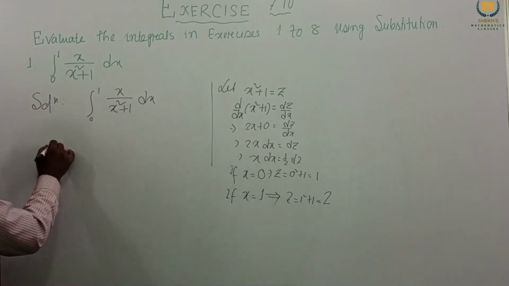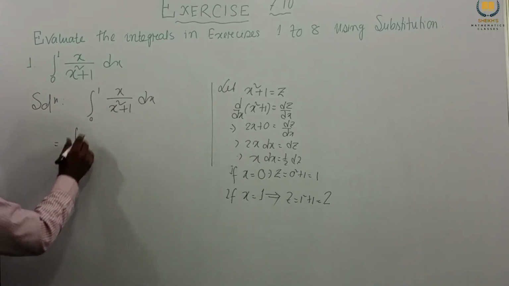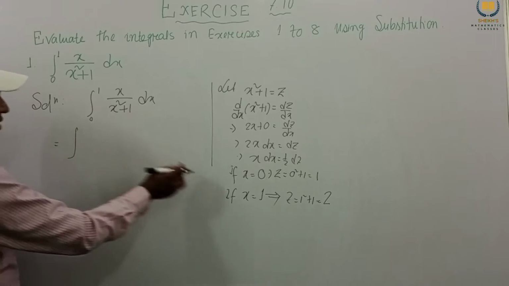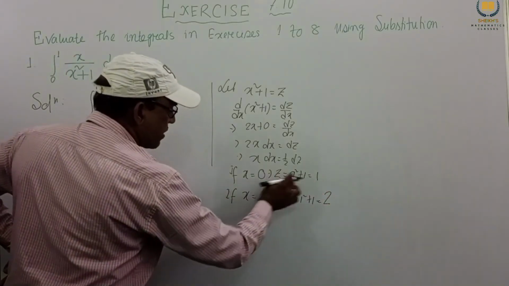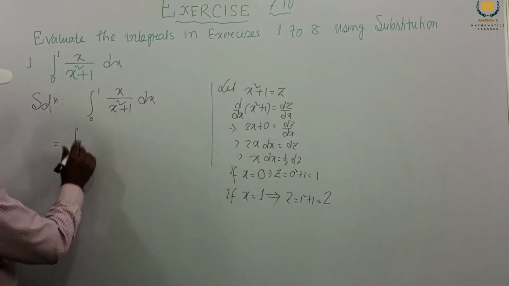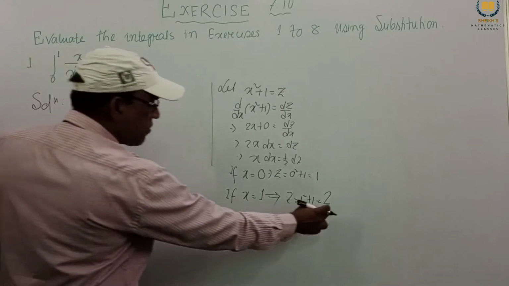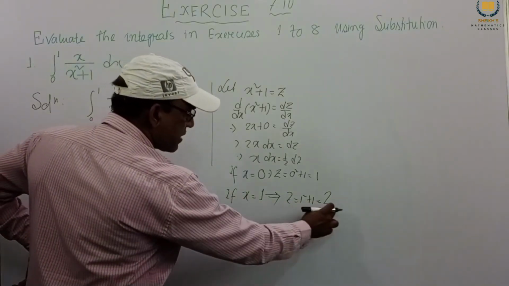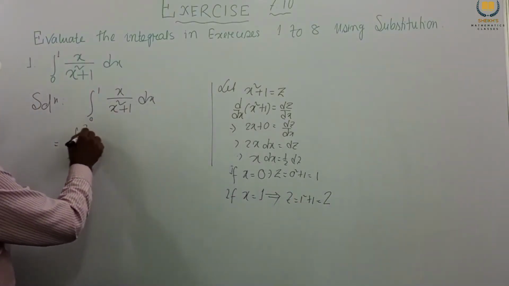Now we write this integration from 1 to 2. For x equal to 0 we get z equal to 1, and for x equal to 1 we get z equal to 2.